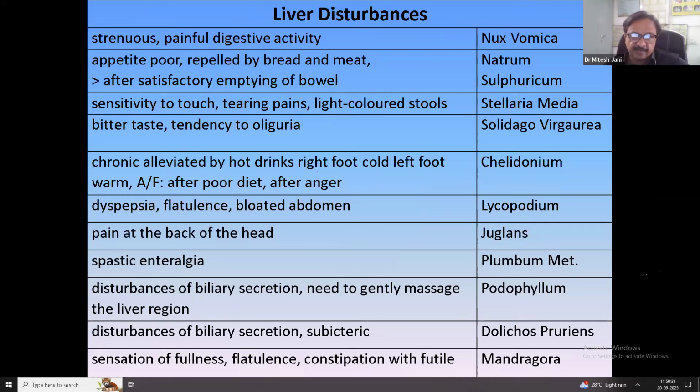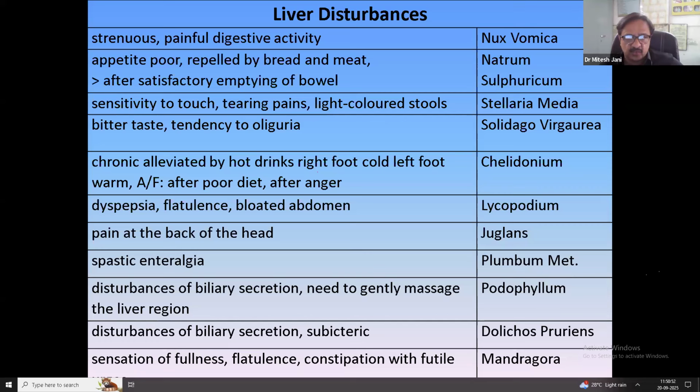Natrum sulph: better after satisfactory emptying of the bowel, sensitive to touch, tearing pain. Light colored stool, there is Chelidonium; bitter taste, tendency to oliguria, there is Solidago.